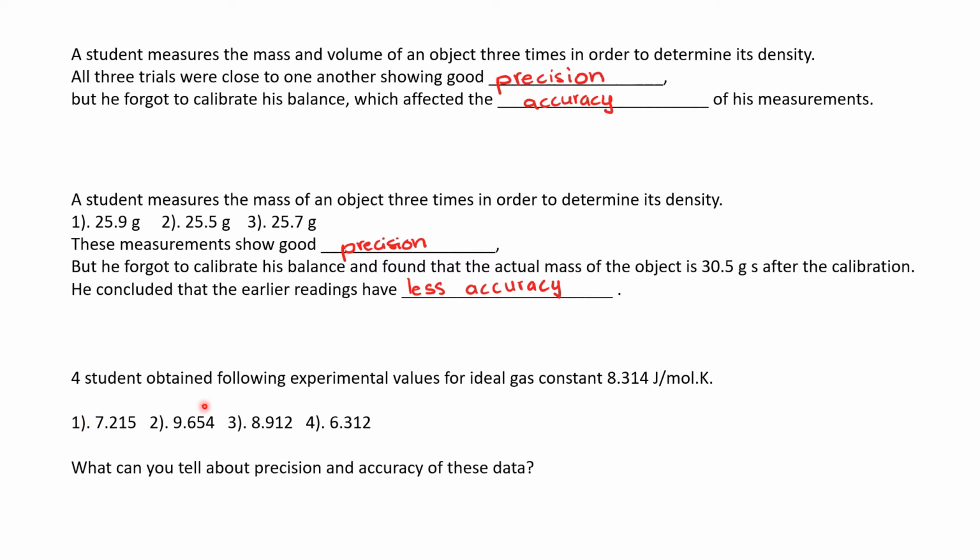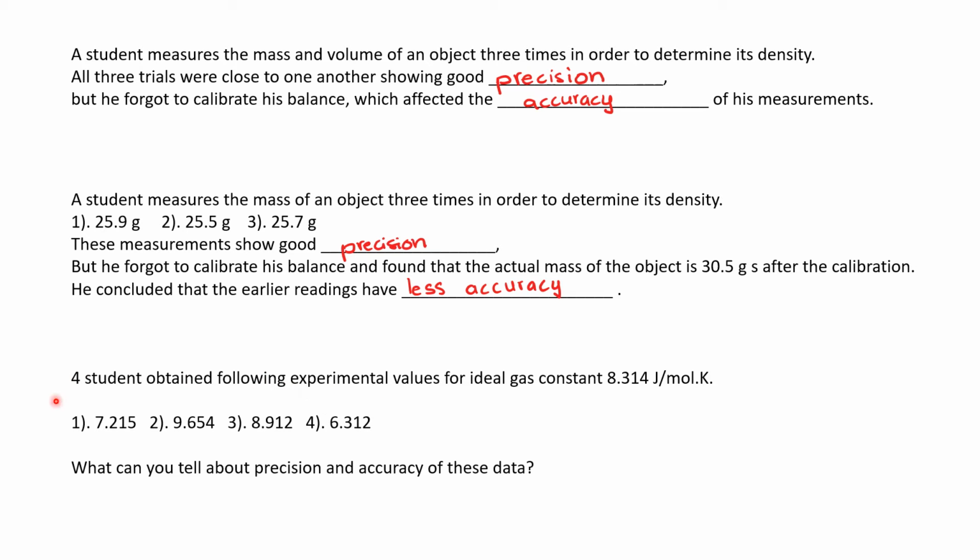4 students obtained the following experimental values for the ideal gas constant, 8.314 joules per mole per Kelvin. These are the values. First data is 7.215, 9.654, 8.912, 6.312.